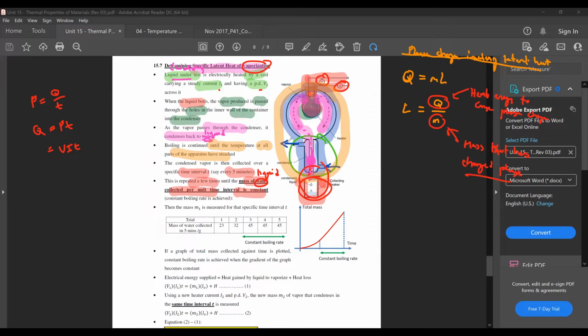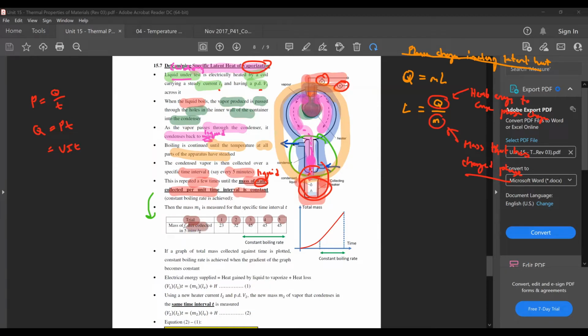All right, what do I mean by that? It is easier to refer back to the table here. Here I mentioned that you collect the condensed vapor, or you collect the liquid, every 5 minutes. So you only continue doing so until you notice that the mass is constant, right? If let's just say I try to collect the mass of the liquid that is condensed, I do it maybe 5 times.